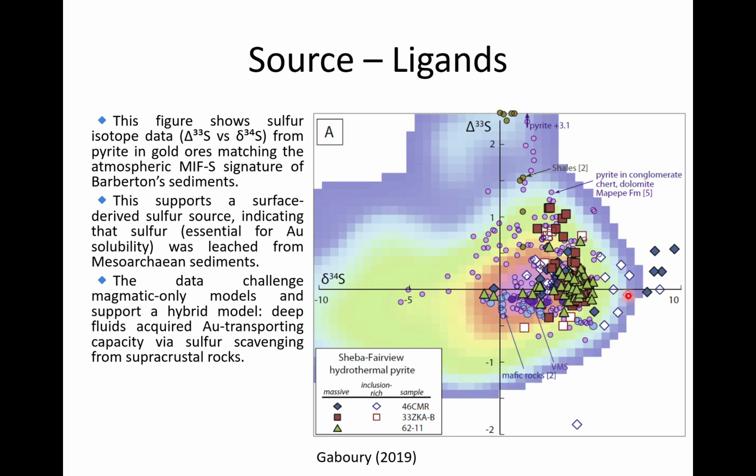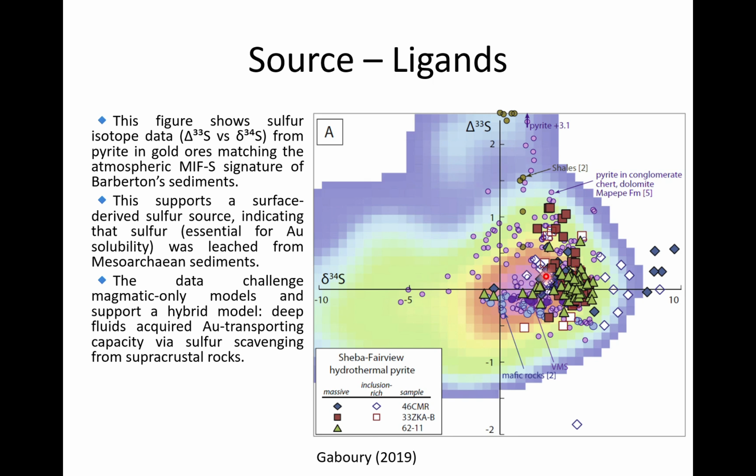So these values overlap and cluster near the highest density region of the entire Barberton Greenstone Belt sulfur isotope data, which is from sedimentary and volcanic rocks, especially at delta 33 sulfur of 0 and delta 34 sulfur of around 1.5, somewhere around here.